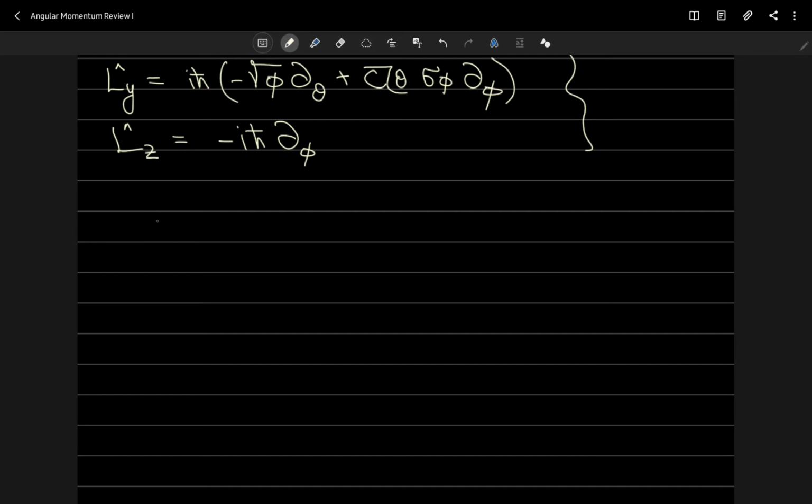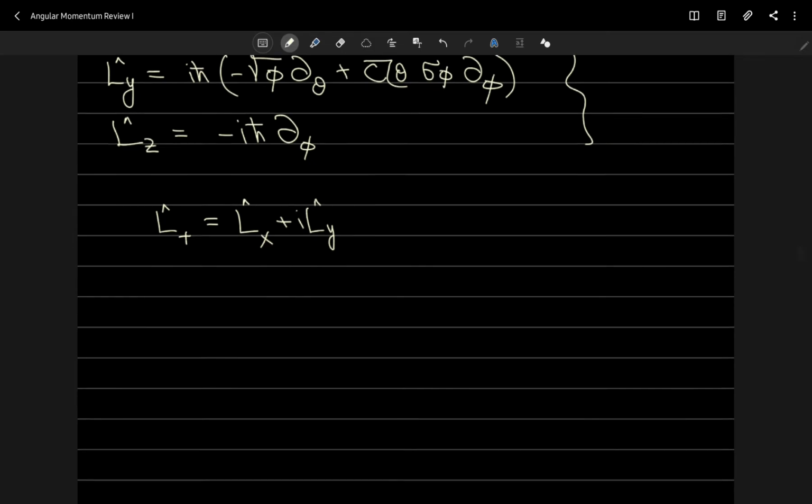We have a ladder operator L plus, right? And what this operator does is it will increase the angular momentum by 1 unit, right? And it is defined in terms of Lx and Ly as such, right? So it's Lx plus iota Ly.